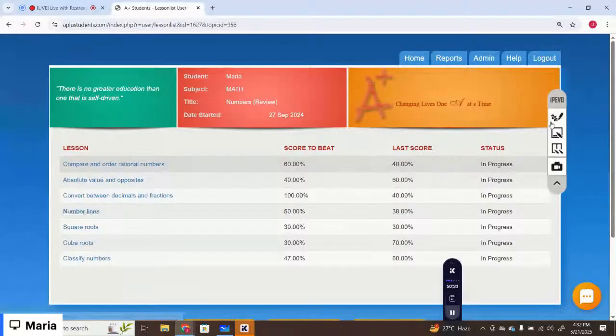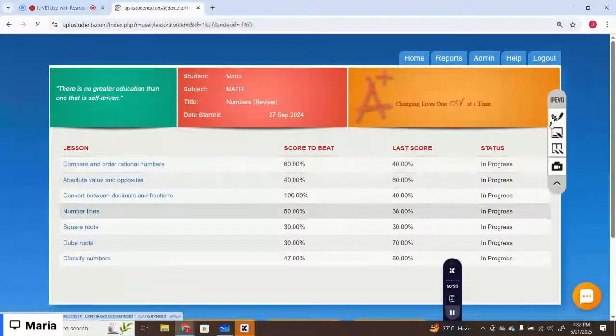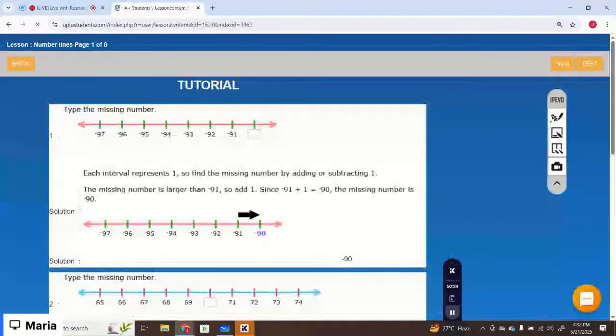Our lesson is number lines. Type the missing number. So we have negative 91, negative 92. The number that is before negative 91 is negative 90. Let's just start with the test questions.